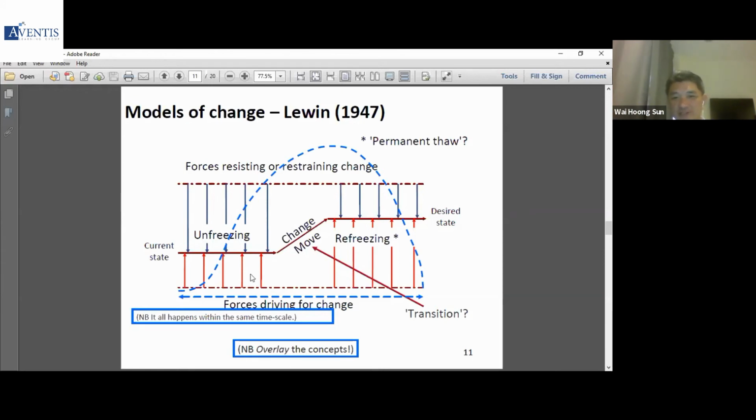So you need to improve, or the product needs to improve, and then this needs to freeze again to the desired state. Freeze again so that you don't go back to the previous state, right? So just to give you an idea that projects are always about improvement to better products, better services, better processes, right?